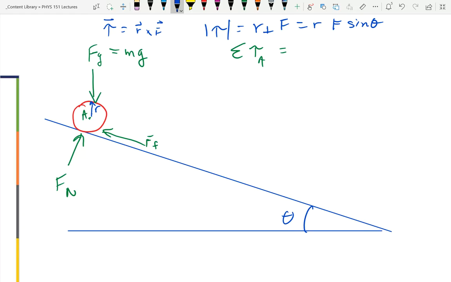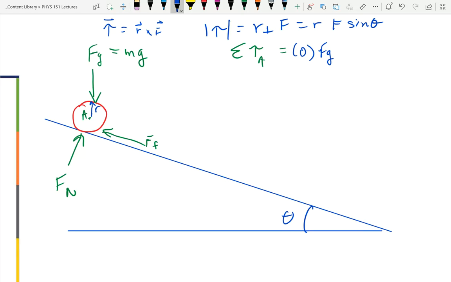What's the perpendicular distance between the center of rotation and where the force acts? Zero. Because that force is going right through the center of rotation. And so I'd have 0 times force of gravity.